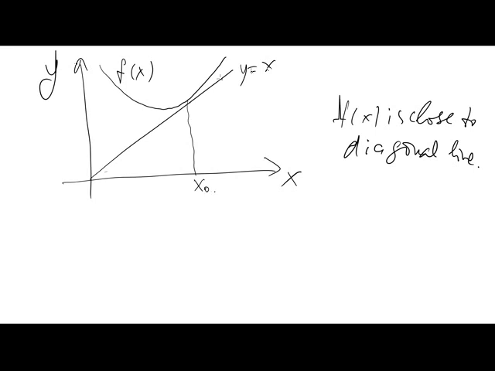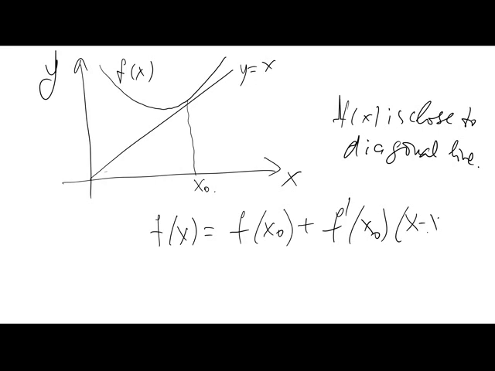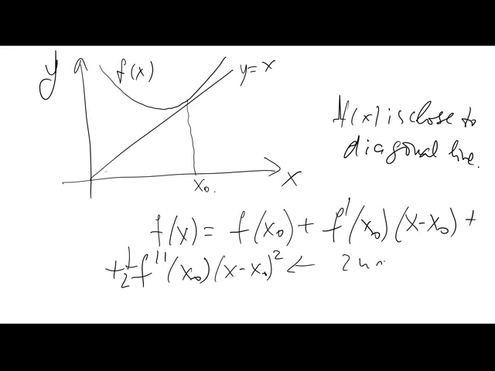At this place we can present f of x at this closest point as a Taylor series, or as a linear approximation or quadratic approximation: f of x naught plus the derivative of f at x naught times x minus x naught, plus the second derivative at x naught, half, times x minus x naught squared. So we can put it like this. It's a quadratic approximation, or second order approximation.